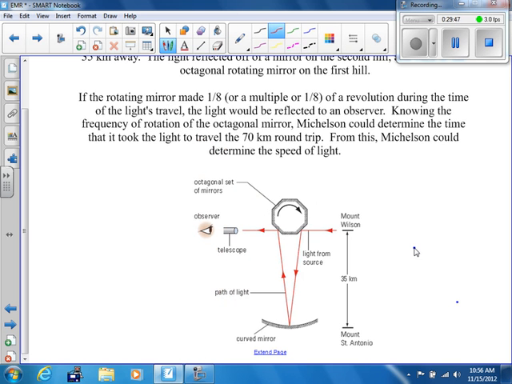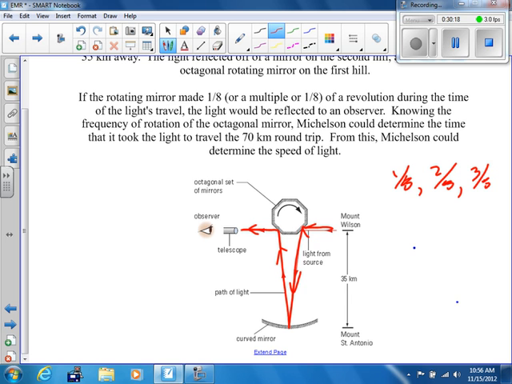If this beam of light that's traveled this far down here to this curved mirror and then back up here to this octagonal set of mirrors reflects off of a flat side and gets observed by the observer, then we know that this octagonal set of mirrors must have made 1/8 of a revolution exactly, or 2/8 of a revolution exactly, or 3/8 of a revolution exactly, or 4/8 or 5/8 or 6/8 or whatever.